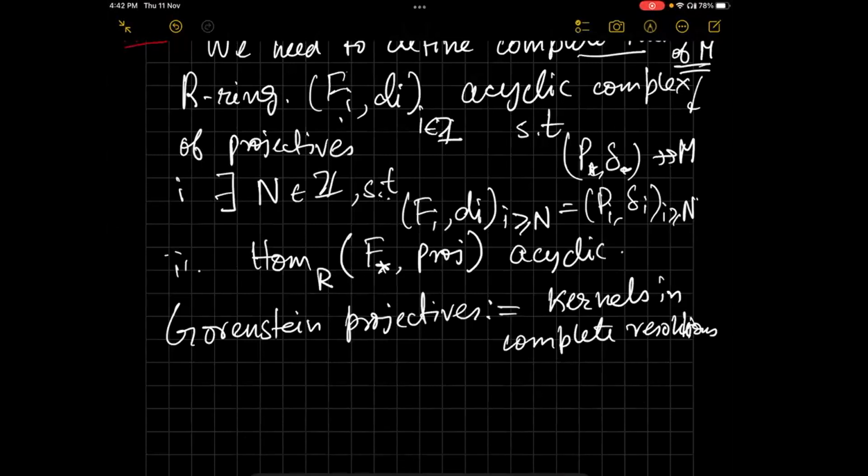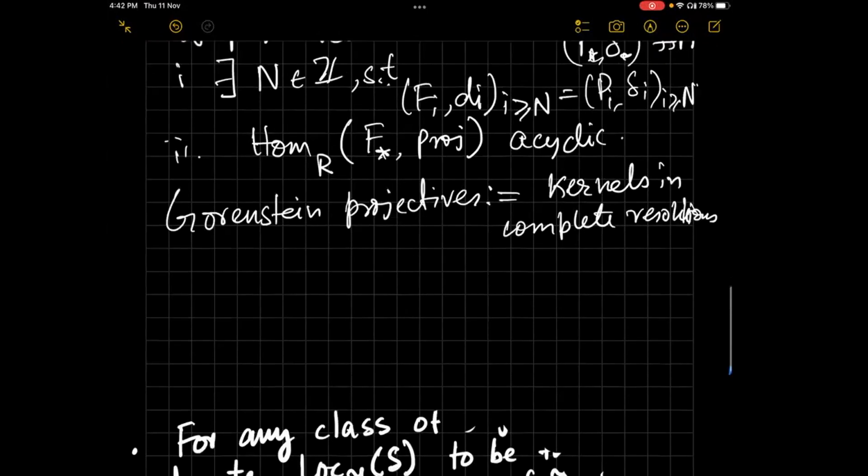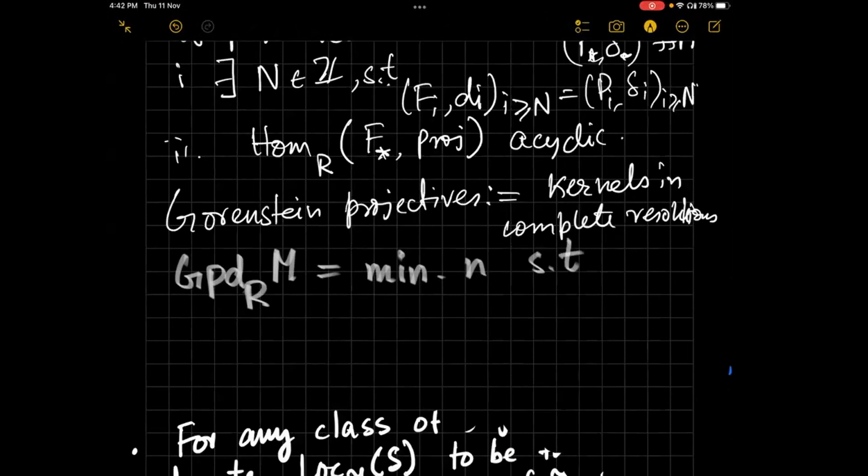All right. And now, how do we define Gorenstein projective dimension? Well, the Gorenstein projective dimension of any module M is defined as the minimal n such that there is a resolution of M by Gorenstein projective modules.